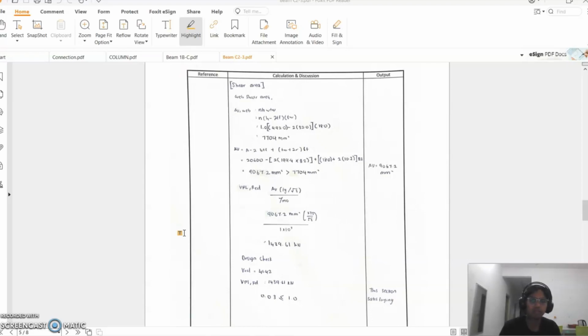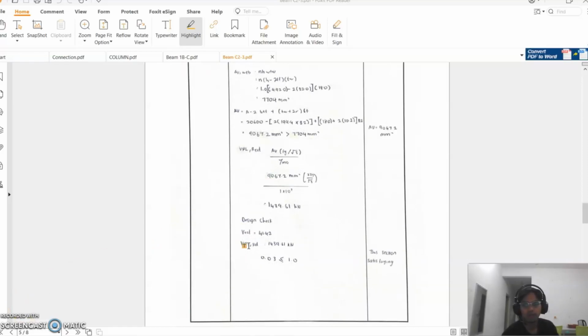The value is higher than 7,704, which means we need to choose the higher, 9,067.2, and then go for the design check. 0.03 is smaller than 1.0, and this section is satisfactory.